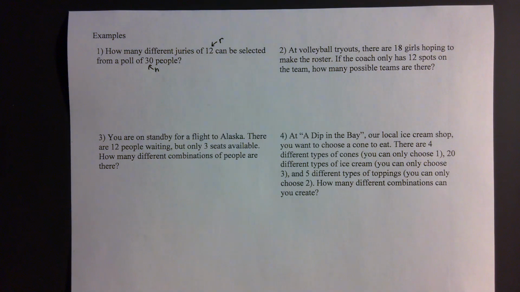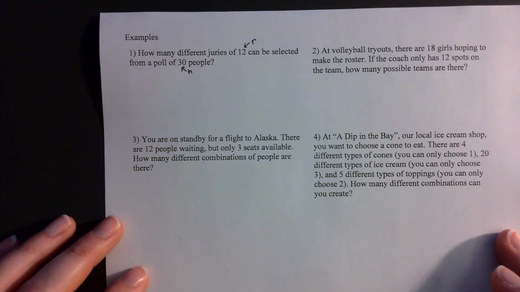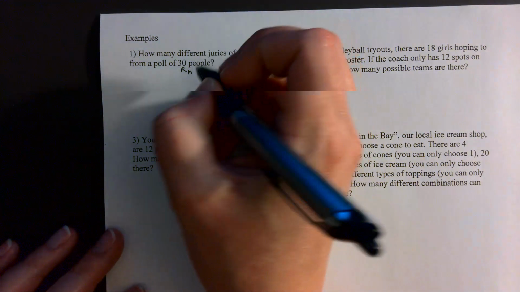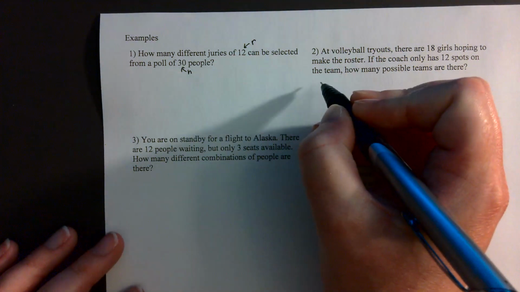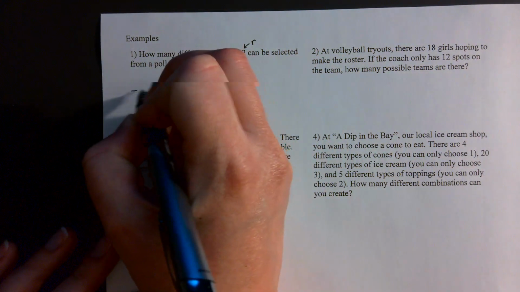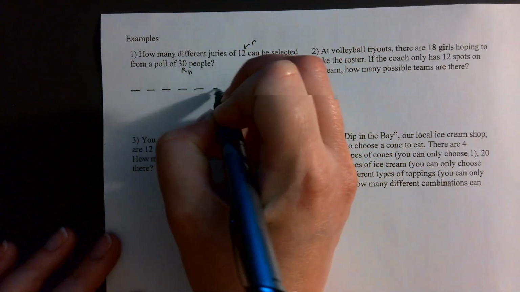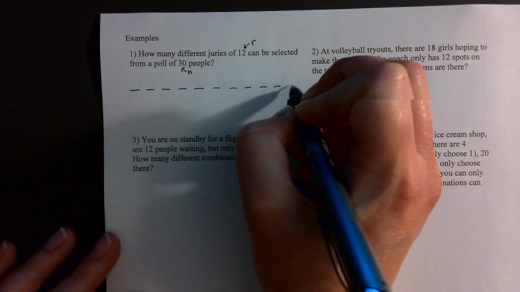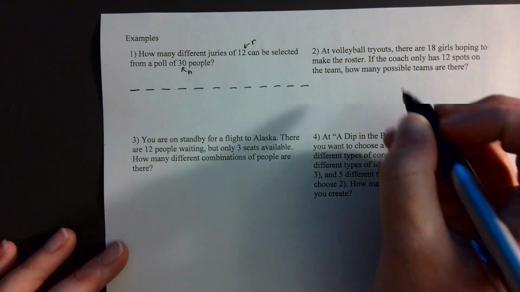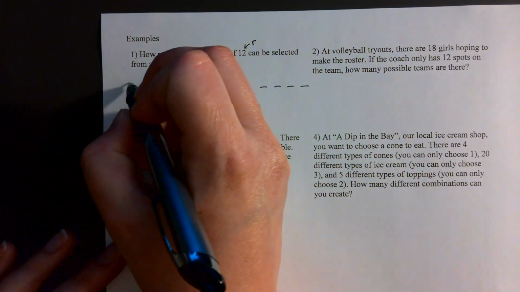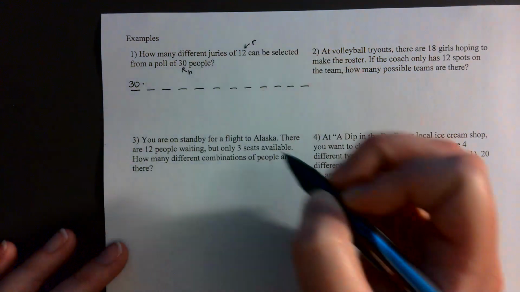Now, if we said order mattered, let's do our permutation first. Looking at our permutation, we would have 12 different seats: 1, 2, 3, 4, 5, 6, up to 12. I have 30 people to fill the first one.